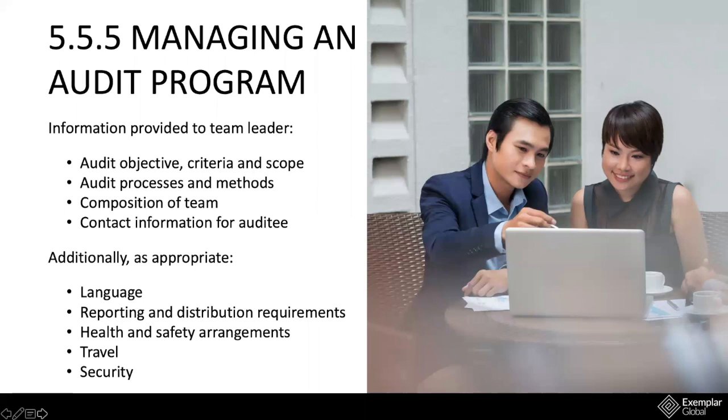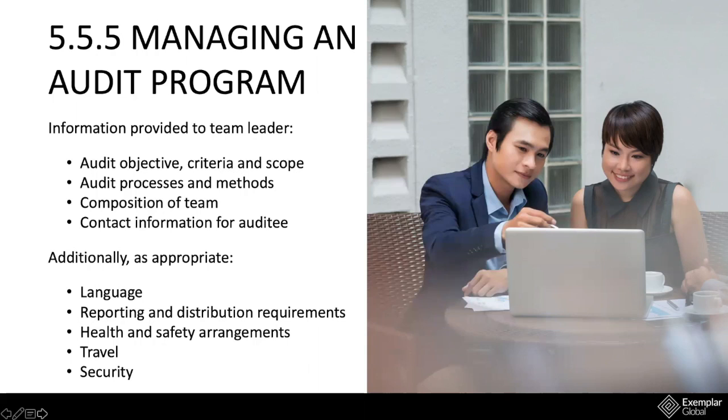The other thing that's provided is the contact information for the auditee, and that should be adequate. It should not be simply one form. It might take the form of an email and the phone number, and there should be other information in terms of the location, especially if it's a multi-site organization and things of that nature.